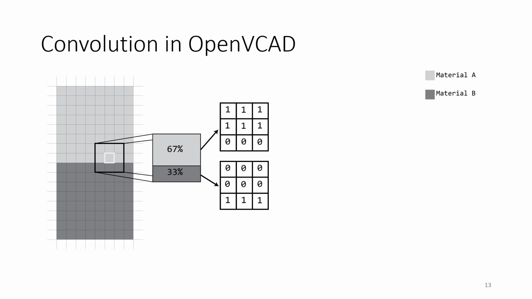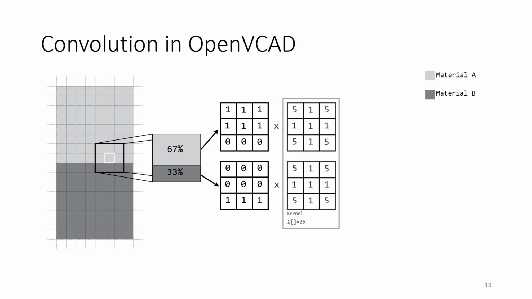We're going to create a mask for those where the 1s represent material and 0s represent no material, and we're going to have one of these masks for every possible material in our design. We're going to multiply by our user-defined kernel. So these kernels can be virtually anything. If we've ever done image processing, this can be things like Gaussian blurring, feature detection, sharpening. There's a lot of existing kernels that can be used for image detection that apply perfectly here too.